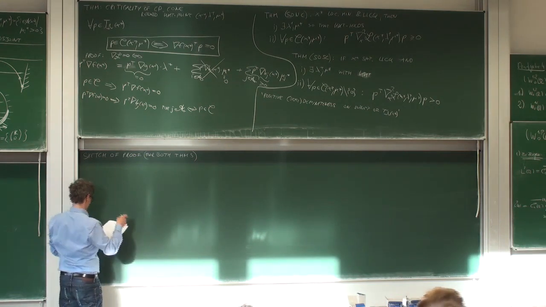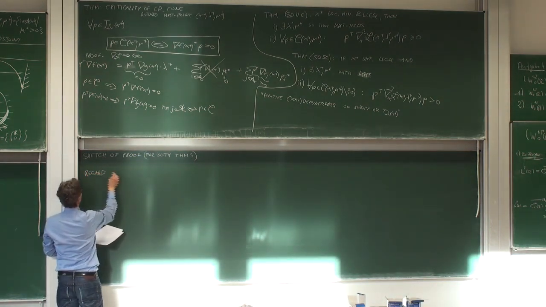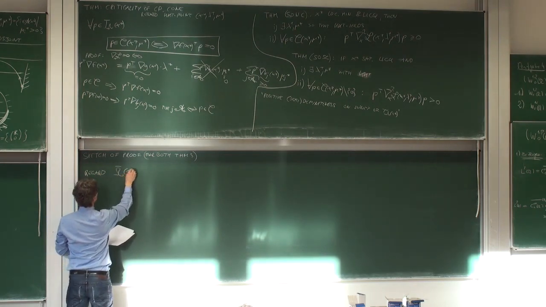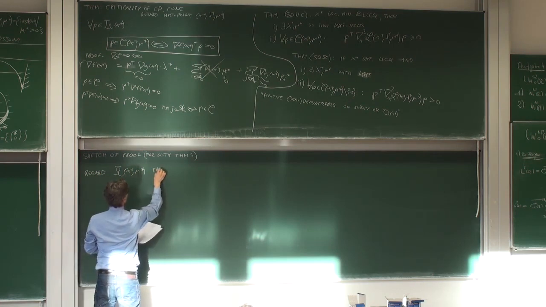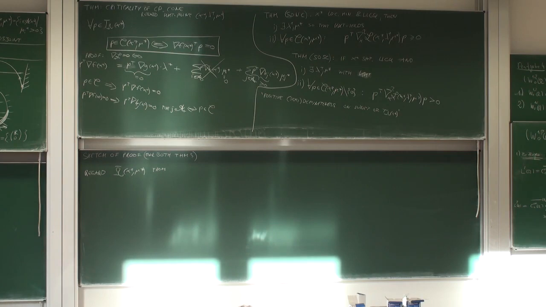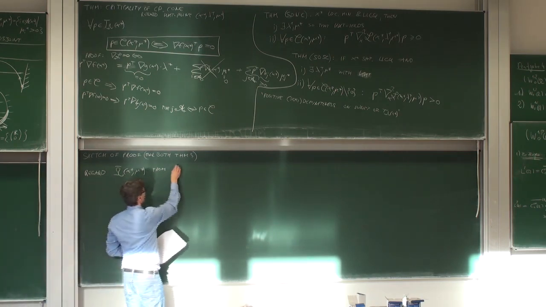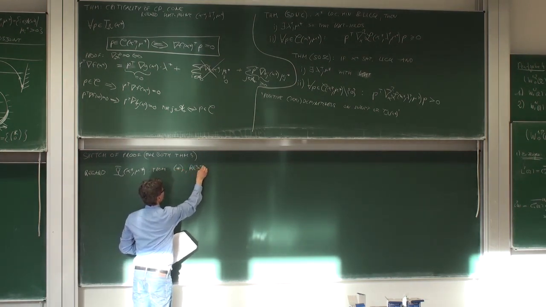So let me just start with this set, regard omega bar of x star and mu star, from this equation, which is a restriction of the feasible set.